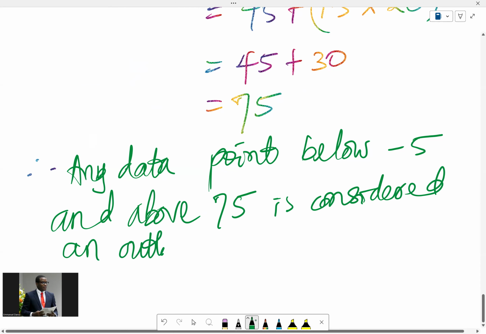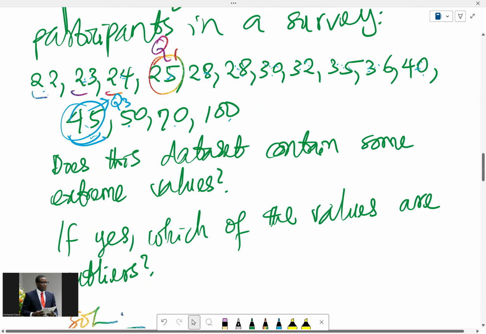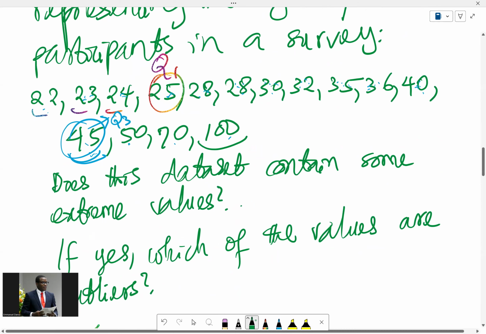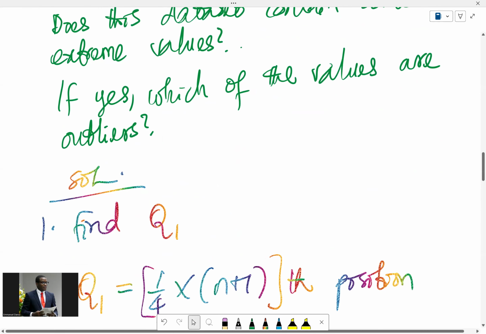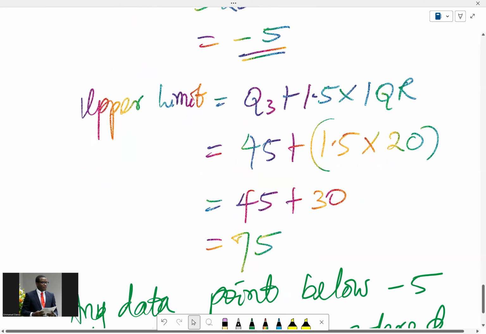So any data point below the lower limit and above the upper limit is considered an outlier. And from what we have, does this data set contain some extreme values? Yes, because we have 100 here, which is above. So we don't have anything below -5, but we have something above 75.